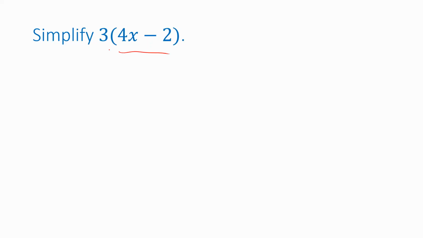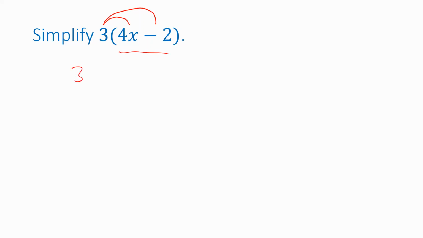What's going on here is I have an expression, 4x minus 2, that's being multiplied by 3. And what distribution means is that 3, when it multiplies this expression, is really multiplying each thing inside the parentheses. It's multiplying the 4x, and it's multiplying the negative 2. So if we distribute, that means we're going to show how those individual multiplications are working out.